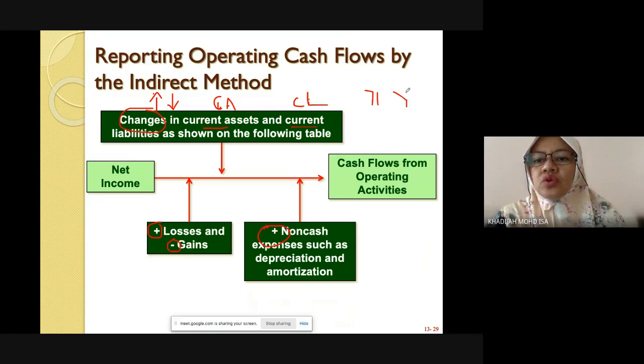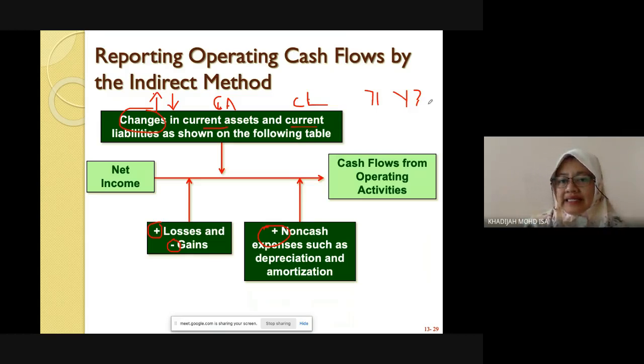You're going to compare the previous year and the current year. Is there an increase or decrease for every item of your current asset and your current liabilities? So you have to look at the changes: you compare previous year and current year, increase or decrease.